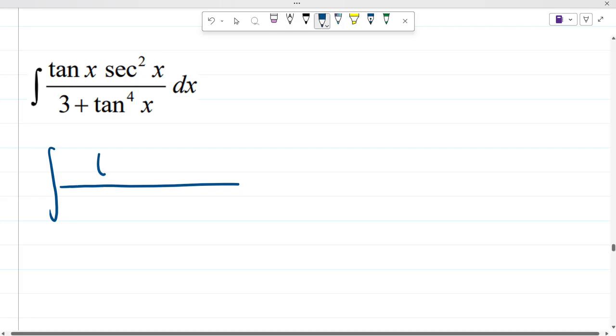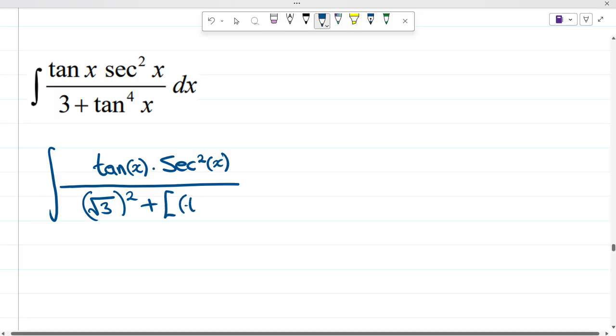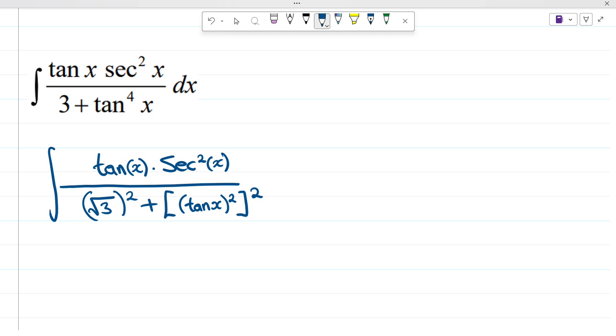So this is going to be equivalent to tan of x multiplied by sec squared of x. And then down here we're going to write that 3 in this format of root 3 squared plus tan of x squared to the power of 2, and then dx.